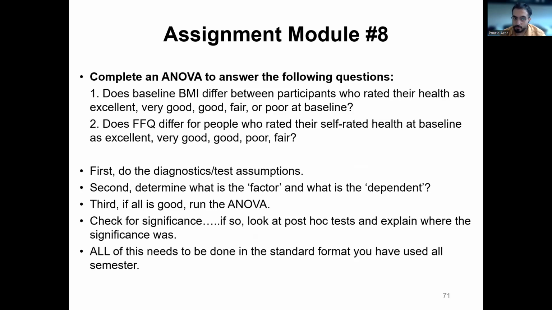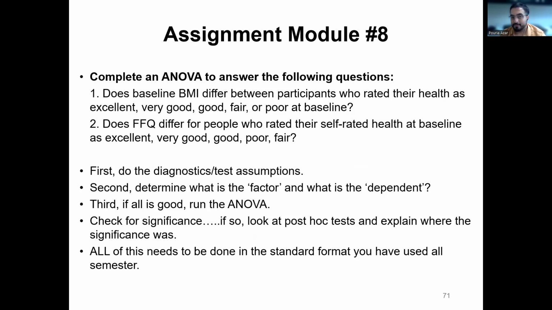Here, I need to see your testing for assumptions for one-way ANOVA. But let's say the tests for assumptions are violated, I would like you to report that the assumptions are violated, but I want to see you run one-way ANOVA rather than the Kruskal-Wallis test.